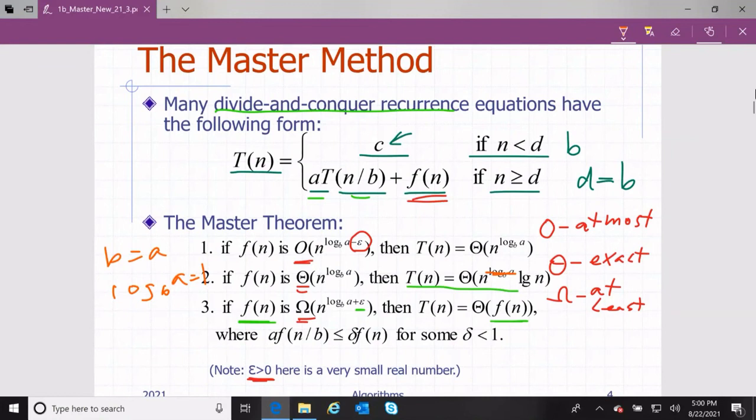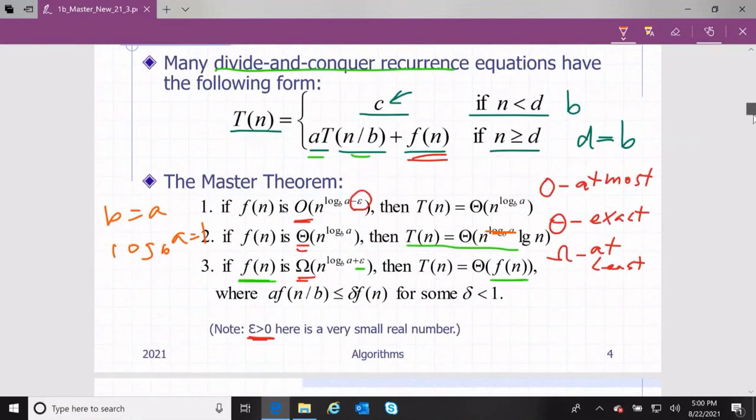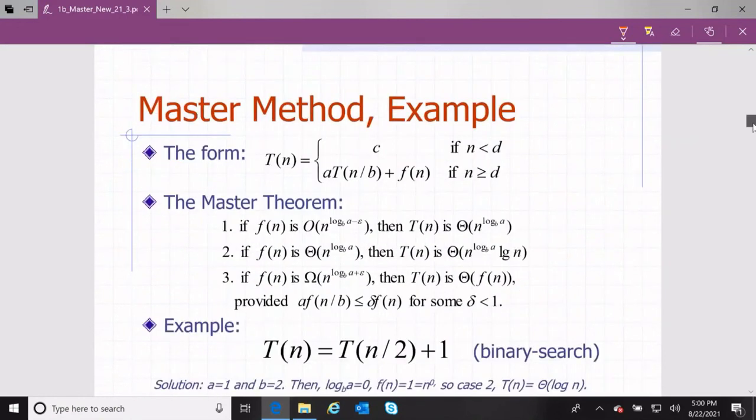There are some cases where a and b are not equal. Here is an example. We have T(n) equals T of n over 2 plus 1, or plus c.